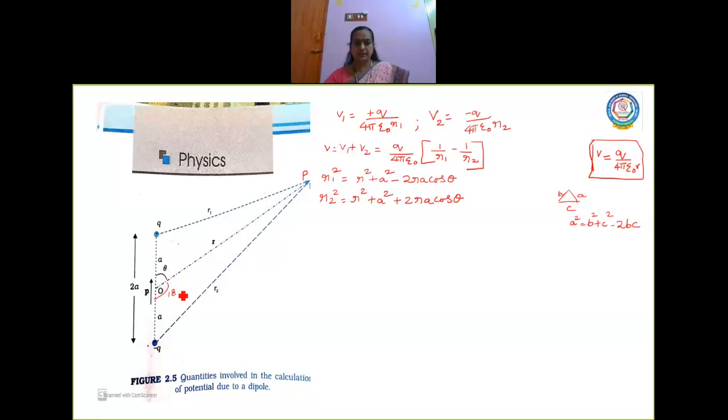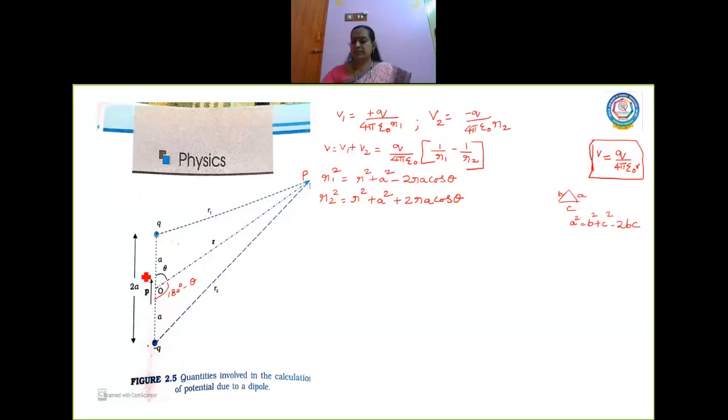So if it is theta here, it is minus 2RA cos theta. Now here it is cos theta. Instead of theta, I will substitute 180 minus theta. So cos of 180 minus theta is minus cos theta. So minus into minus becomes plus. So I have R2 square equal to R square plus A square plus 2RA cos theta.